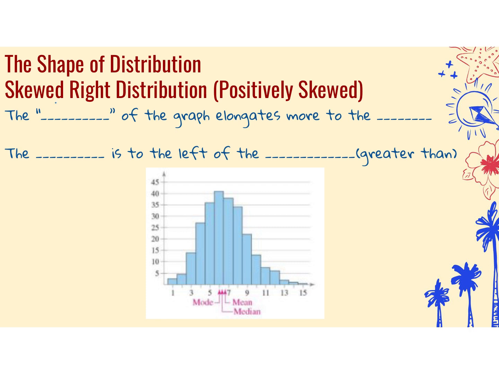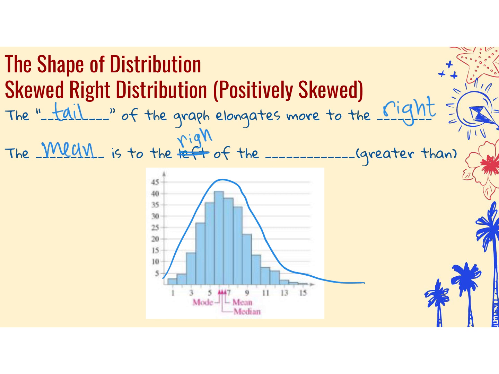Because this time when we draw our tail, it is going to elongate more towards the right. Here when we draw it, this time it flattens out here on the right. And this time the mean is to the right of the median. Okay, so you want to think the opposite when thinking skewed.